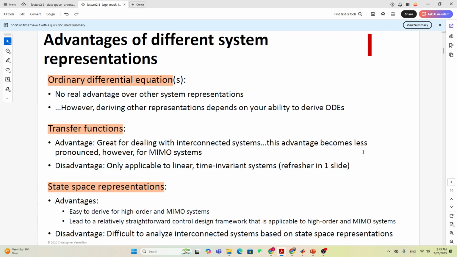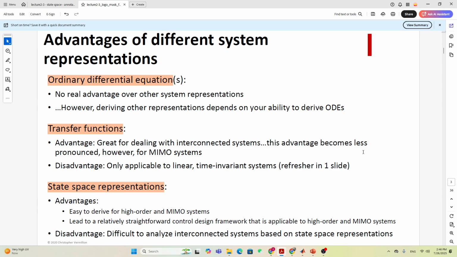So as I just mentioned, we have different system representations. For ordinary differential equations, in control system, there isn't a real advantage. Well, these ordinary differential equations will be a prerequisite or the basic fundamentals that you can use to derive your state space model.